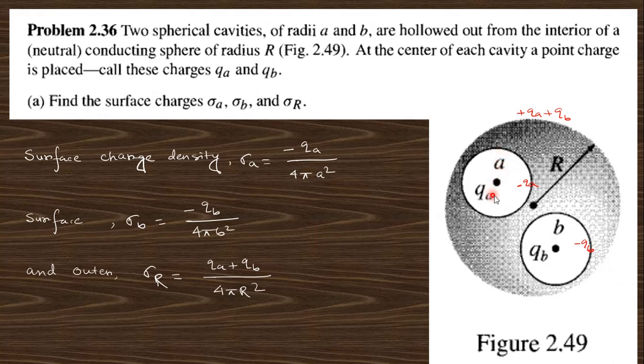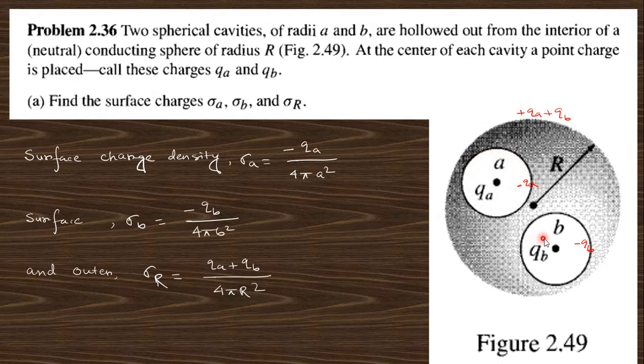So if we place qa at this center, then there is an induction of minus qa on the inner surface of this cavity, right? When we place this charge qa at the center, minus qa charge is induced on the inner surface of this cavity.